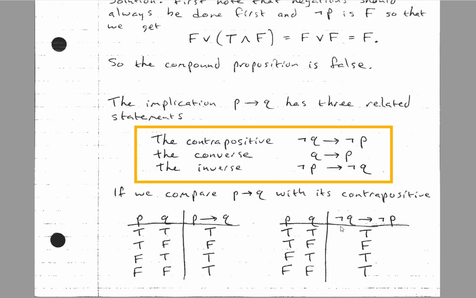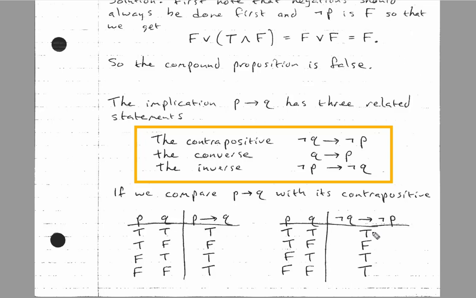Well, let's work out the contrapositive version. Okay, so let's say we have TT, P is true and Q is true. Can we work this out? Well, not Q, that'll be false, implying false. So false implying false, that's true.